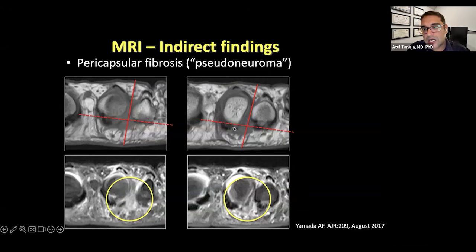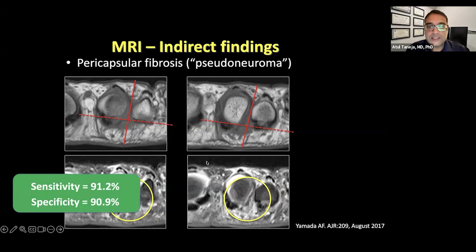You can see the scar goes way towards the area of the MTP. So this means the pseudoneuroma, pericapsular fibrosis, is very useful to find scar tissue, meaning chronic plantar plate injury. And it has shown great sensitivity and specificity.